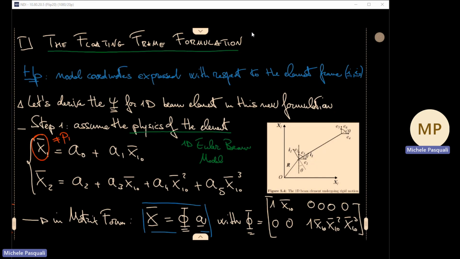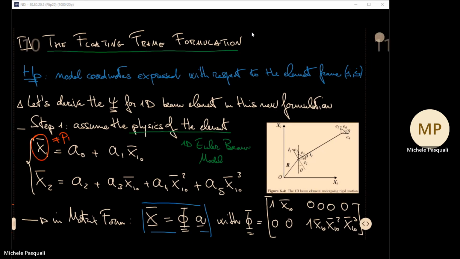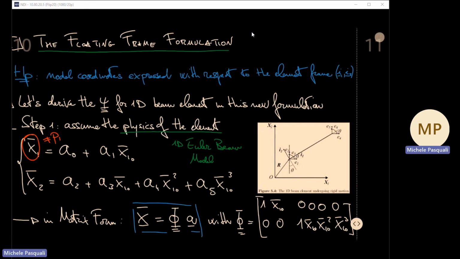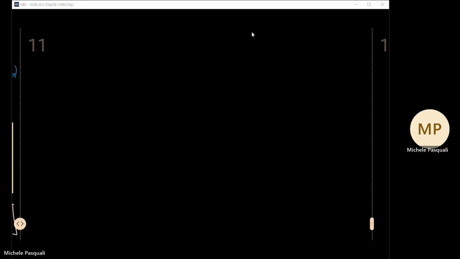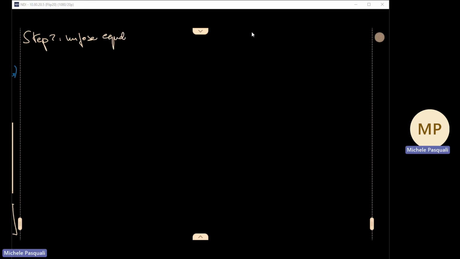Again, we now impose the equality conditions at the nodes. So step 2, we impose equality conditions at the nodes.